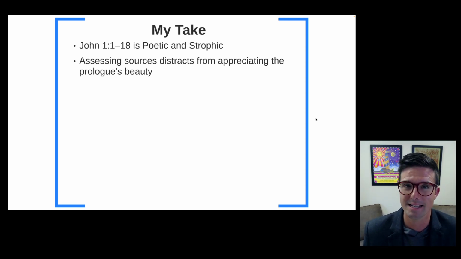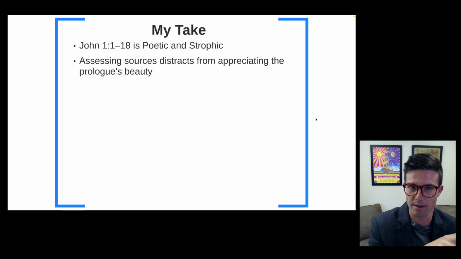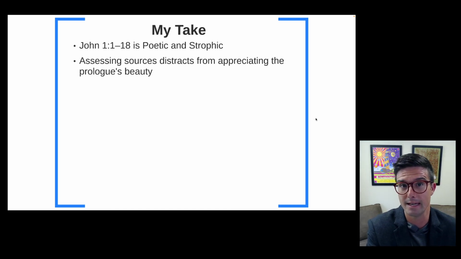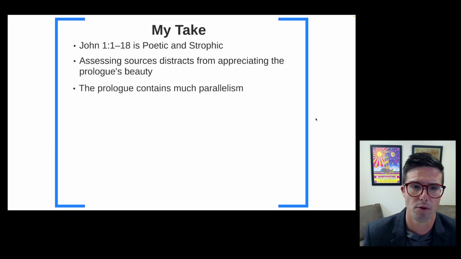It's okay to recognize it, but to focus on this source critical way of doing things is a little bit distracting from the overall beauty of the prologue.